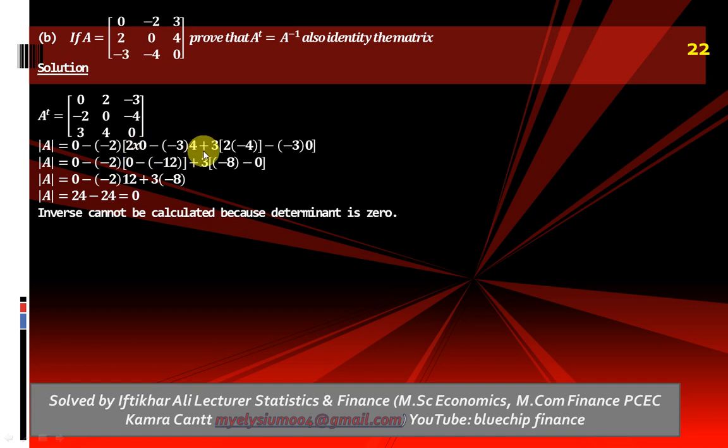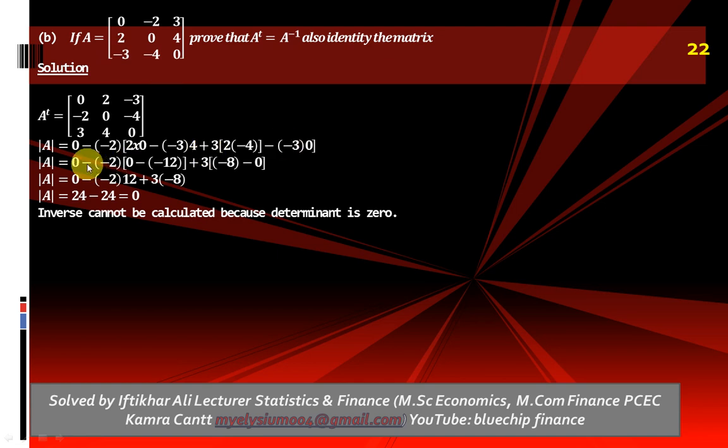Plus 3 will be placed here, and after that exclude the column and row in which 3 is. So what are the remaining values? 2, 0, minus 3 and minus 4. So 2 multiplied by minus 4 minus 0 multiplied by minus 3, as these are given here.